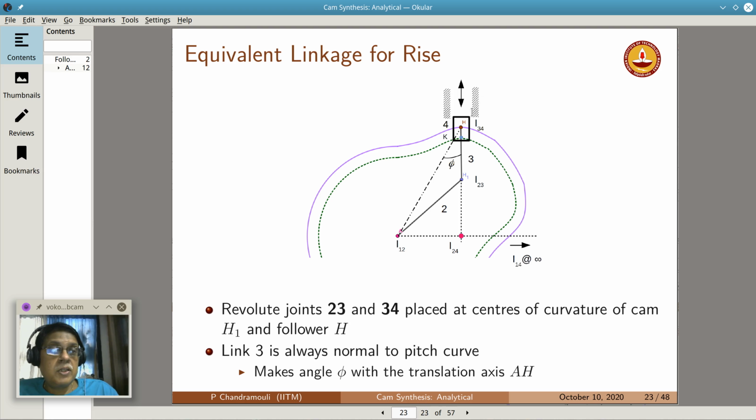And then of course the follower itself is a slider, so that will be body 4. So 3 is something that is artificially introduced. So 2 3 is this junction, 3 4 is of course the joint between the slider and this coupler, and 1 4 is going to be at infinity perpendicular to the direction of sliding.